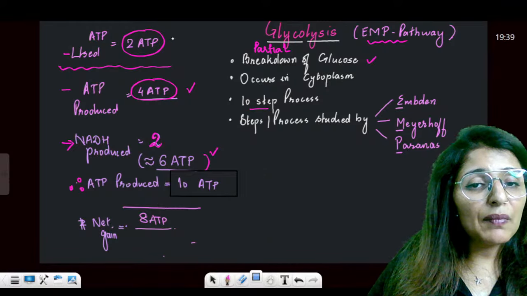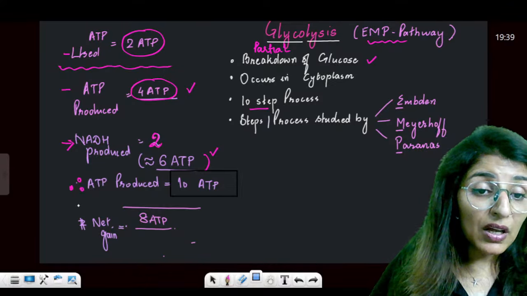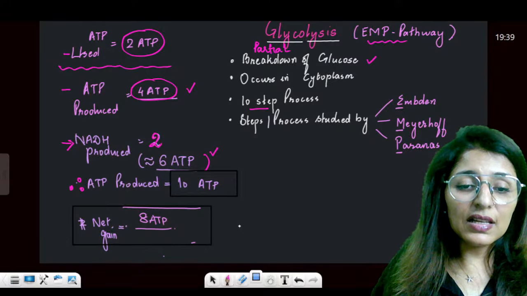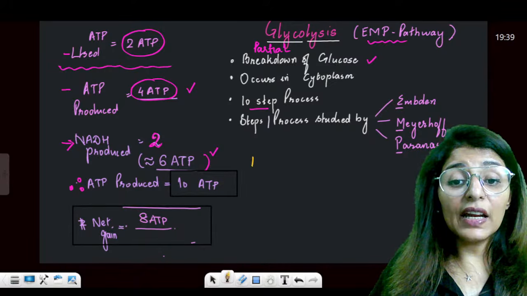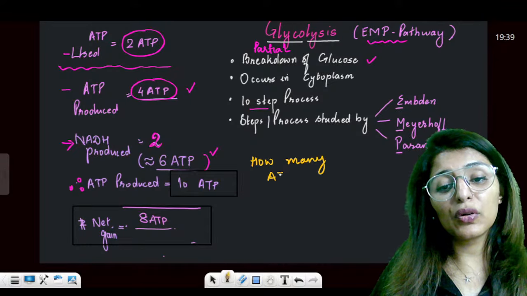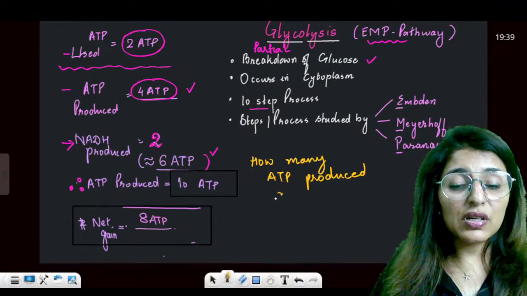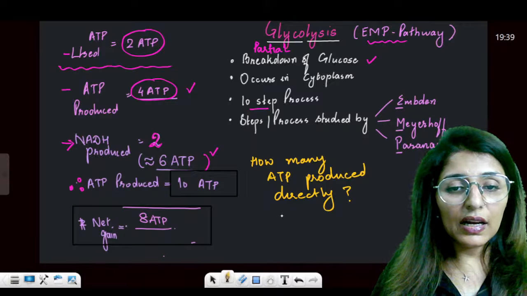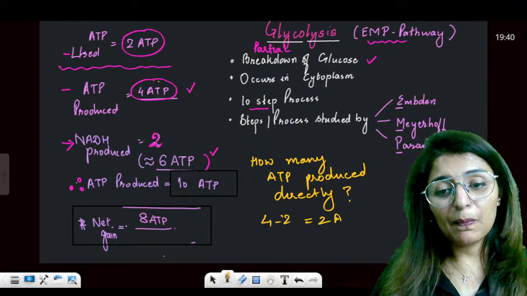And if we subtract the 2 ATP which were used up, the net gain of ATP during glycolysis is 8 ATP. But if it asks how many ATP are produced directly, then it has to be 4 minus 2, that is 2 ATP only.